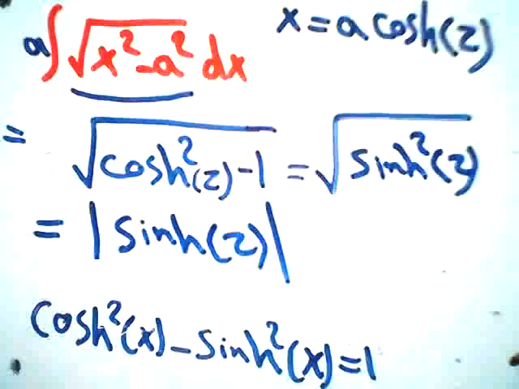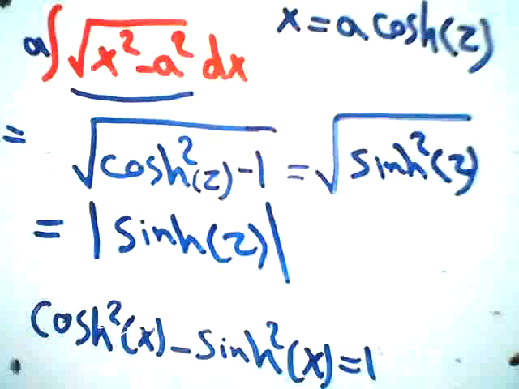Now, cosine hyperbolic of z is an even function. So, in x equals a cosine hyperbolic of z, the values of x for the negative values of z equal the values of x for the positive values of z.